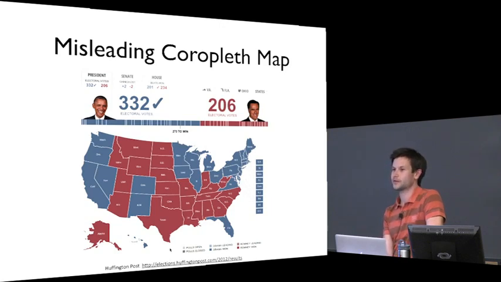What's the reason why you get the wrong impression? So it tells the wrong story, this picture. Yes, the size of the states is not related to the actual number of voters in that state. Yeah?